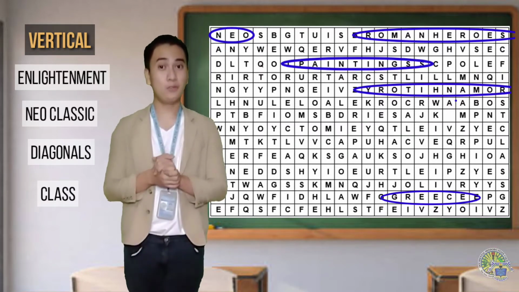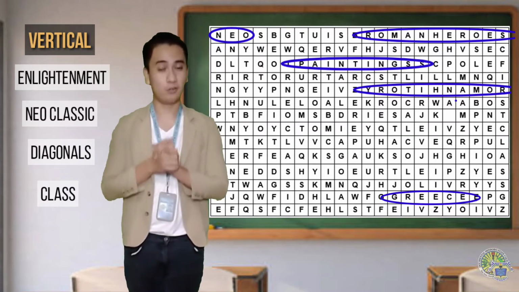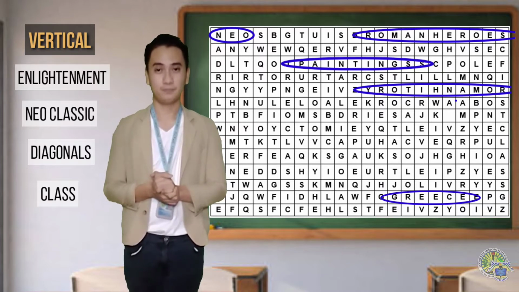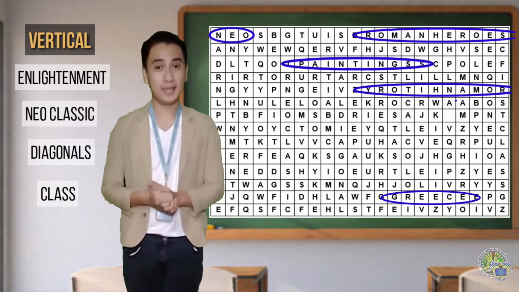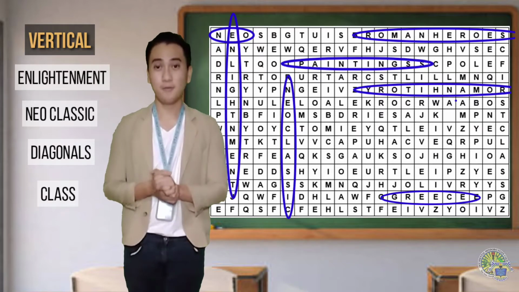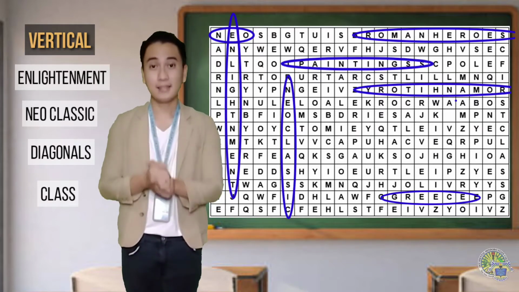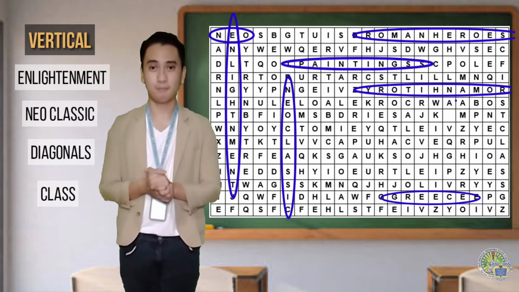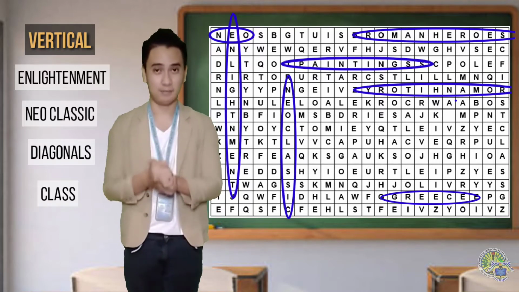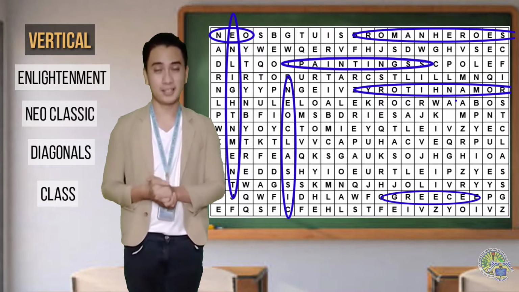Okay, have you found the words enlightenment and neoclassic? Okay, they are located at the left side part. Very good. For the last two, next, diagonals and class. You have 15 seconds again. Your timer starts now.